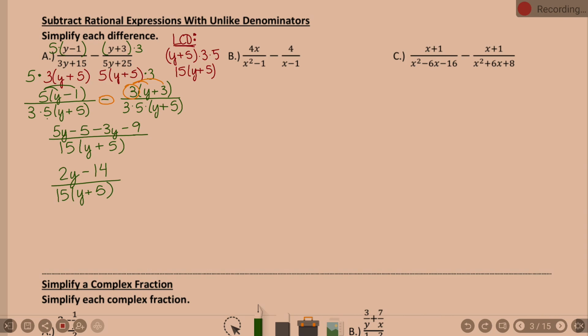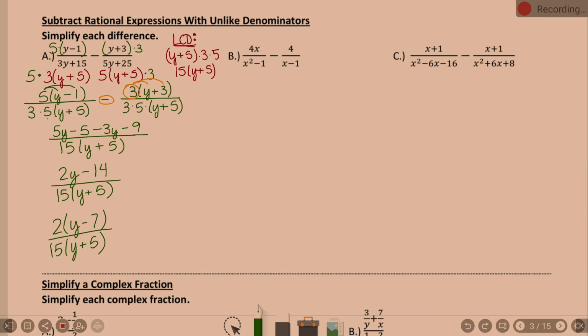Before we decide if this is the final answer, does anything factor? Does anything cancel? If there's factoring, I always encourage you to do it. Does 2y minus 14 factor? Yes, it does have a GCF of 2. So if I factor that 2 out, I'm left with y minus 7 over the still 15 times y plus 5.